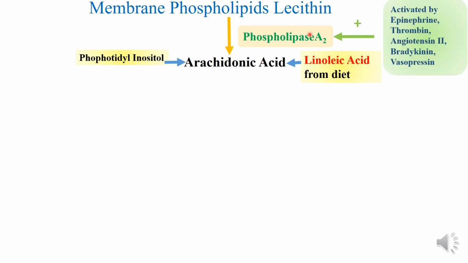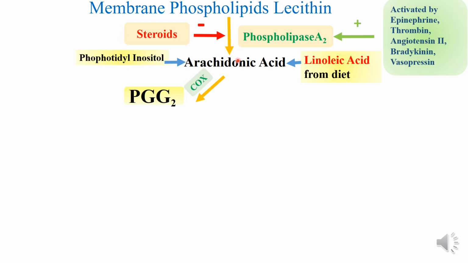This phospholipase A2 is stimulated or activated by the hormones epinephrine, thrombin, angiotensin 2, bradykinin and vasopressin. And it is inhibited by steroids, which we saw in the previous slide. So if the prostaglandin production has to be stopped at this level, steroids may be given.